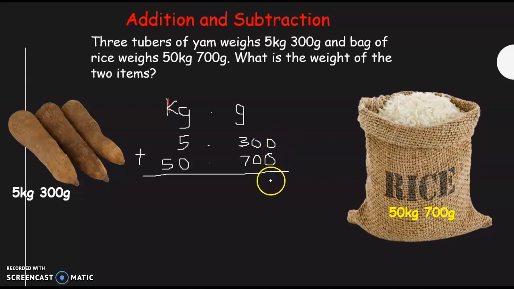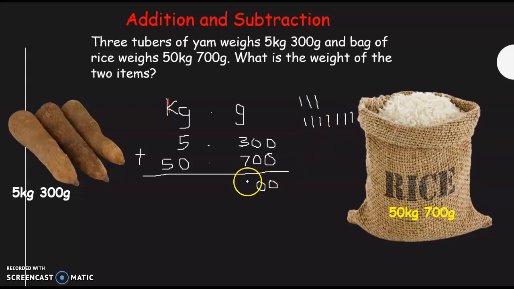This 0, you add up with this 0 to give you 0. Have another 0 here. Then 3 plus 7. When you count everything together, it's going to give you 10.